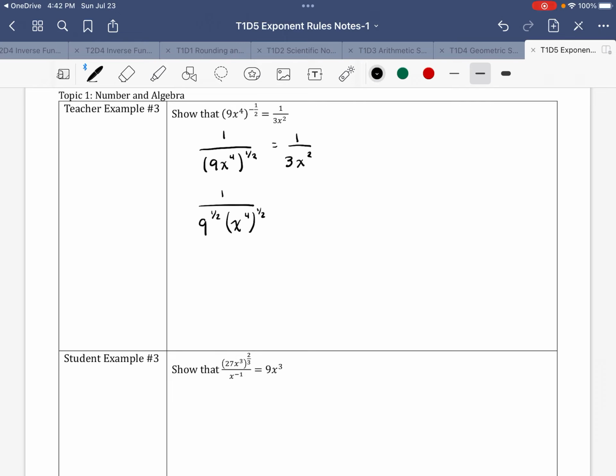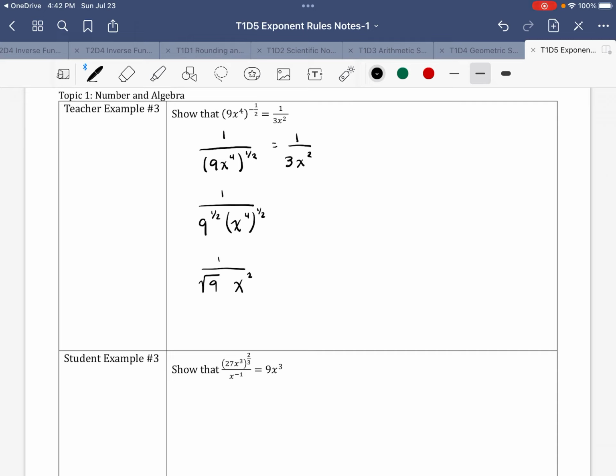Now I know that the 1/2 power is the same as taking the square root. So I can do the square root of 9 here because that's a useful form, right? I know the square root of 9. That's something I'm going to be able to calculate. However, here if I have x to the fourth power to the 1/2 power, I can use the power rule and I get x, and then 4 times 1/2 is 2.